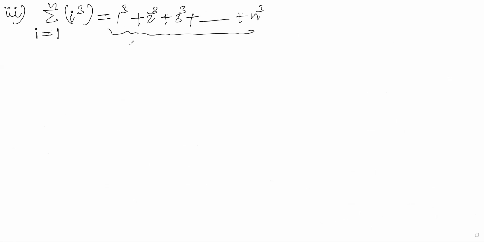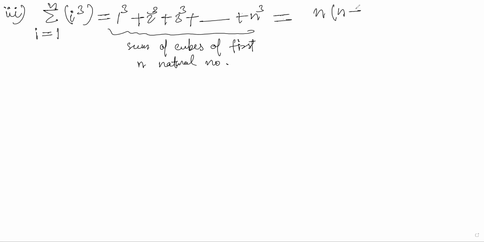That is, if we write this as sigma i cube, where i is from 1 to n, this would be nothing but the square of the first answer.